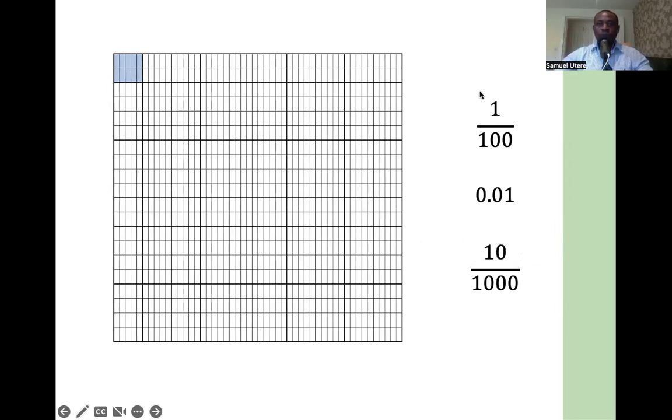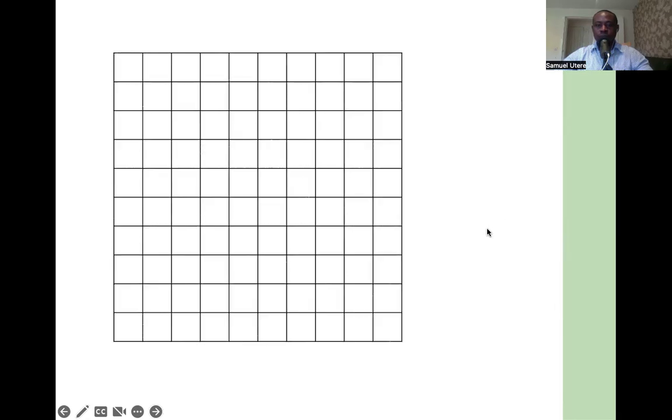Also notice that we can simply see the relationship, because if we make the numerator, that's what we call the top part of a fraction, 10 times bigger, we have to make the denominator, which is what we call the bottom part of a fraction, 10 times bigger. So that is 1,000.